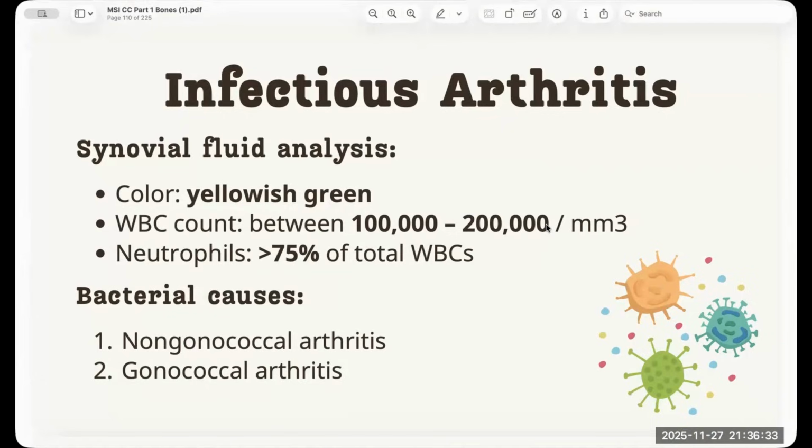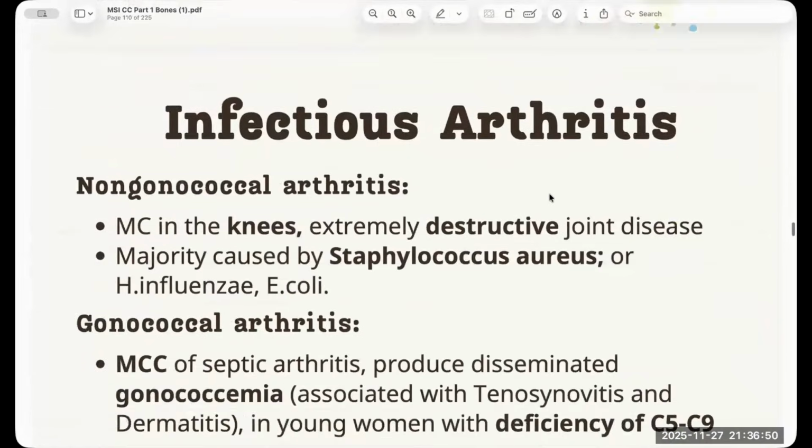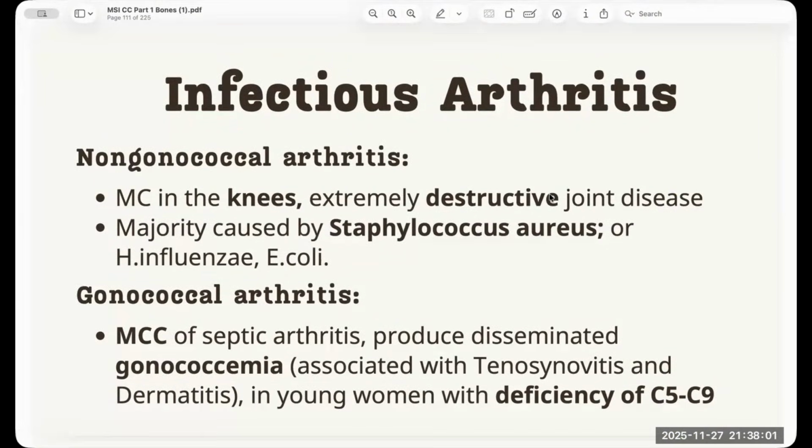The neutrophils would be more than 75% of the total WBCs, and it's usually caused by two bacterial entities: non-gonococcal arthritis and gonococcal arthritis.